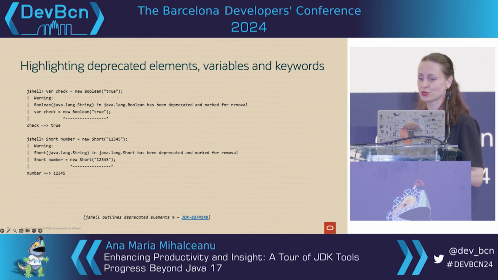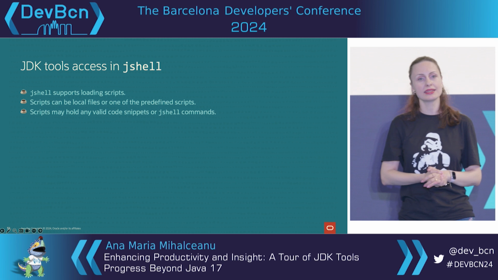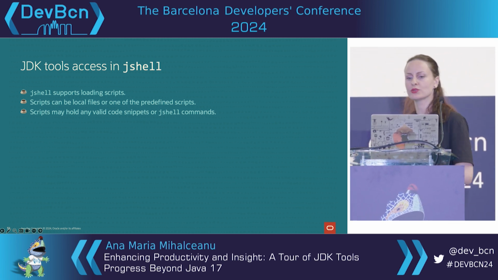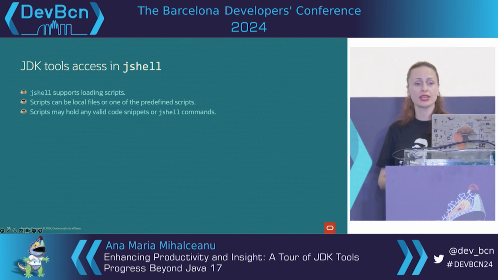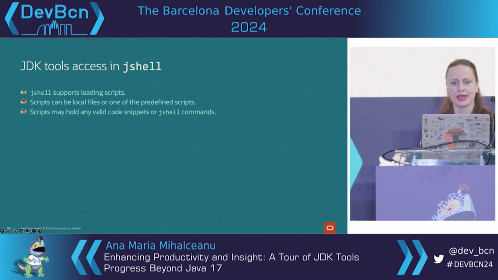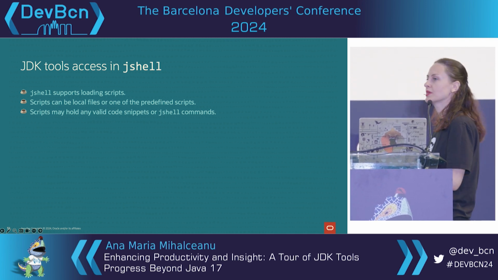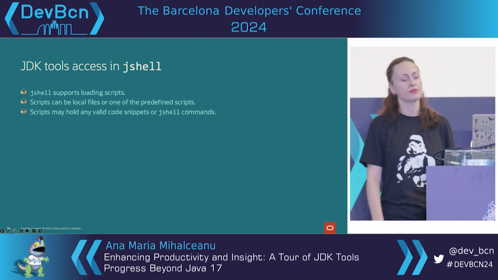But in terms of tools, JShell also gives you access to some of the JDK tools. The JShell tool is also good for interactive exploration of Java code and using JDK tools with it. Now, it supports startup scripts. These scripts can be something that you define locally, by the way. You can create your own, or you can use a set of predefined scripts.